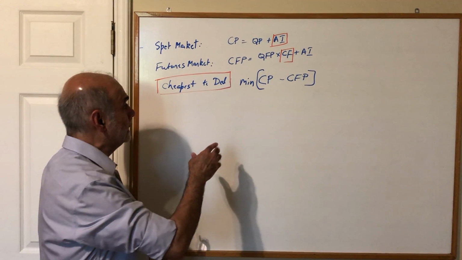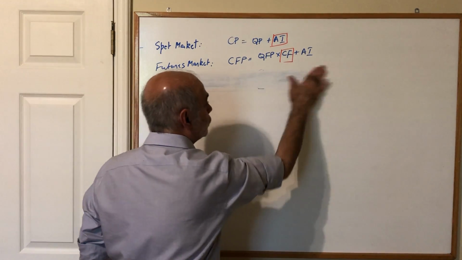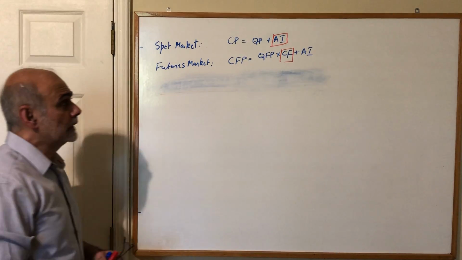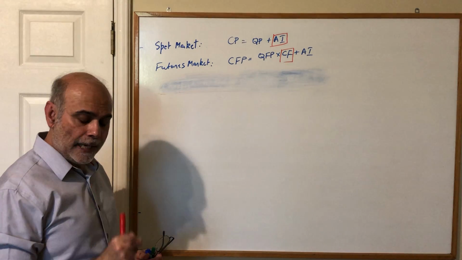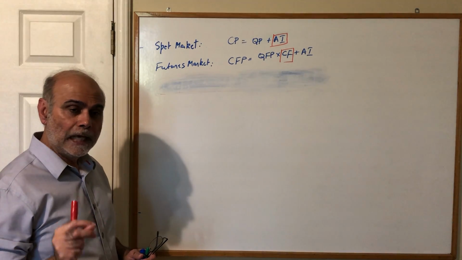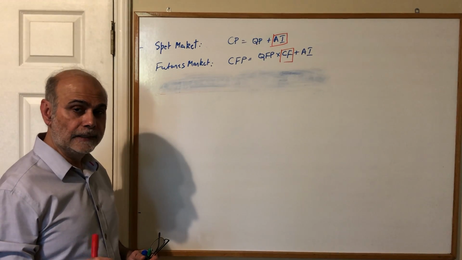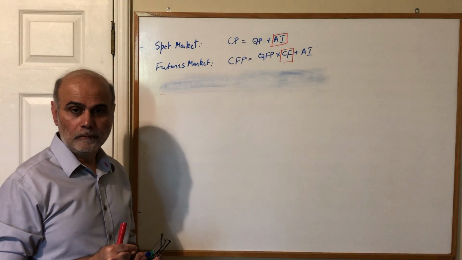I'm going to erase this idea of cheapest to deliver. You know what that is. I just need my board space. Okay, I'm going to stick with those 2 equations, and now we're going to determine how arbitrage-free futures prices are determined in the Treasury bond futures market.